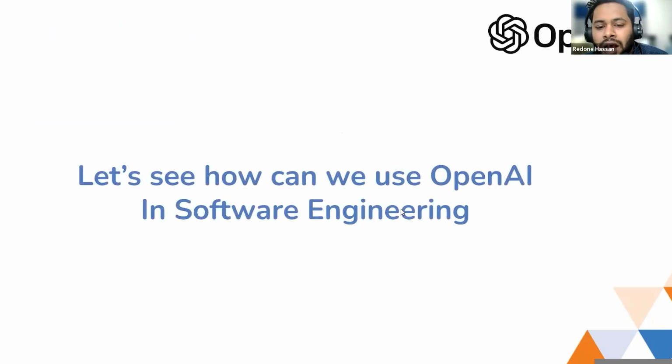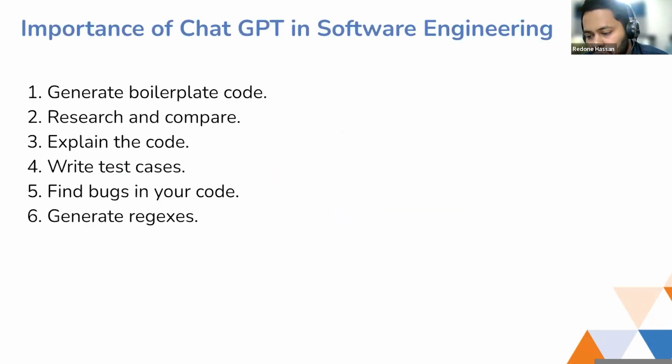So let's see, how can we use OpenAI in software engineering? Nowadays in software engineering, there are so many things already done by ChatGPT that we can use in our regular life. Like generate boilerplate code.